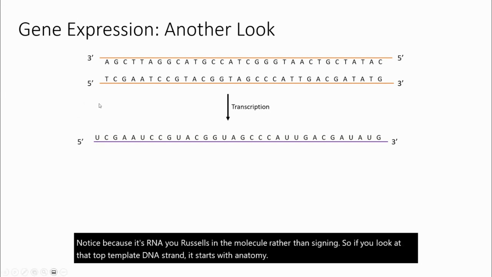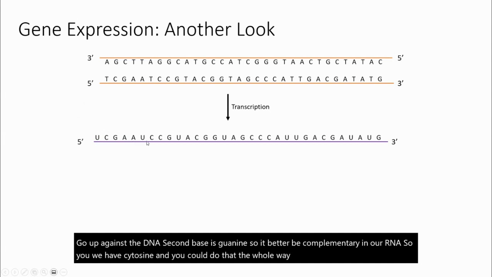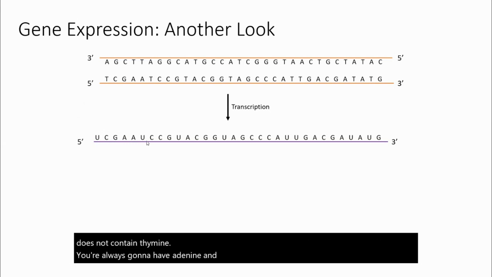Well, adenine always pairs with uracil in RNA. Go up against the DNA. Second base is guanine, so it better be complementary in our RNA. So we have cytosine. And you could do that the whole way down. Just remember, because RNA does not contain thymine, you're always going to have adenine and uracil base pairing together when we're talking about RNA.